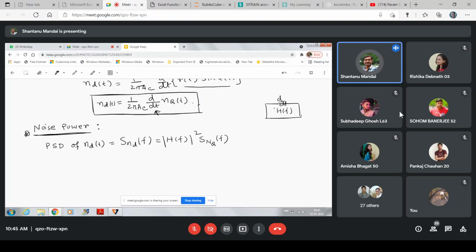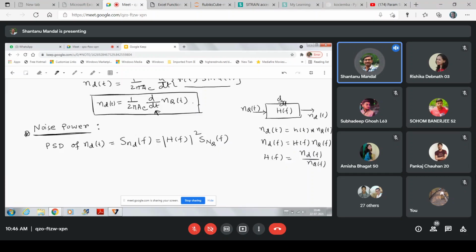Here the input is n_Q(t) and the output is n_d(t). So n_d(t) equals the convolution of n_Q(t) with h(t), or we can say that N_d(f) equals H(f) into N_Q(f), or H(f) equals N_d(f) by N_Q(f).